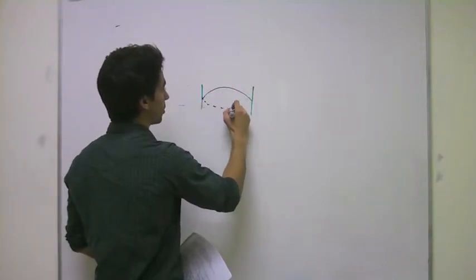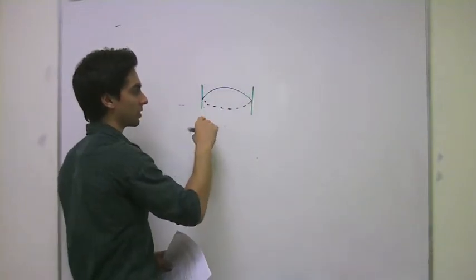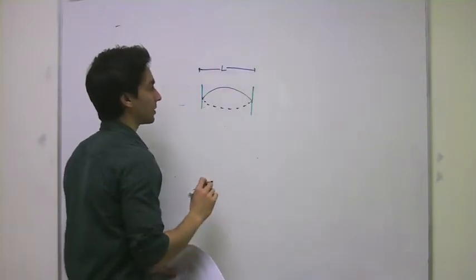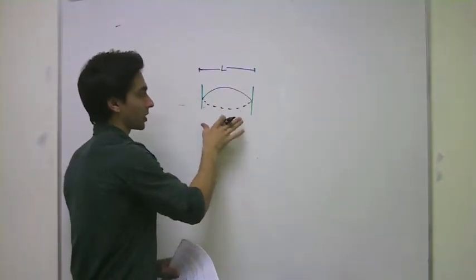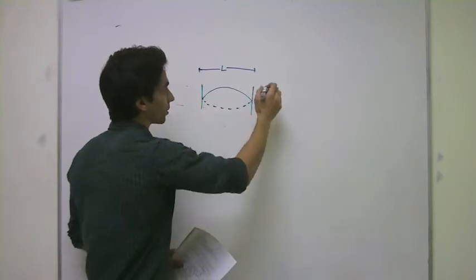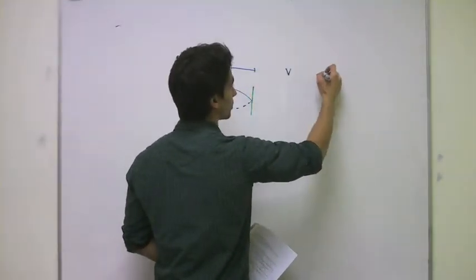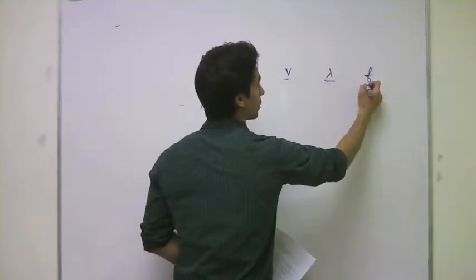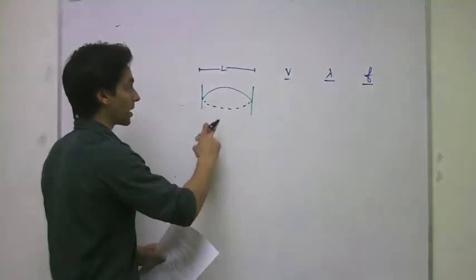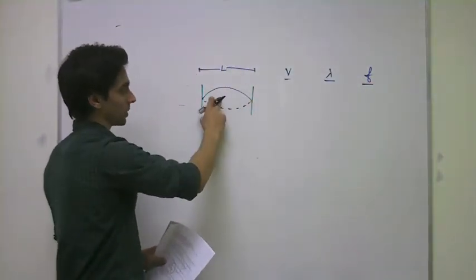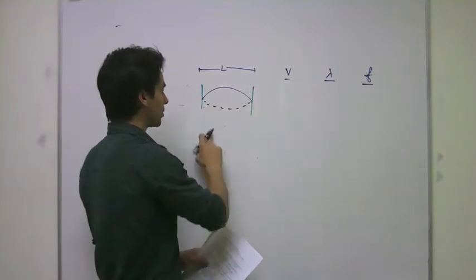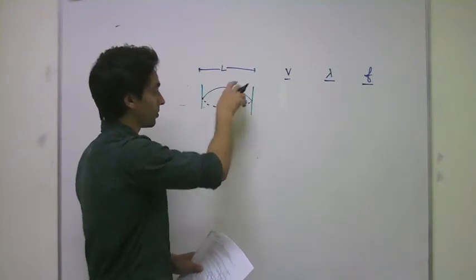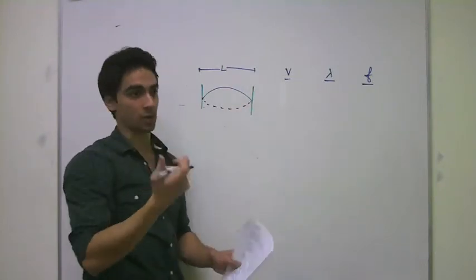this is one mode, or the fundamental mode of a standing wave. Let's say that the length of this string is L, or the length of the setup over here is L. Now, velocity. Okay, so we have the velocity, wavelength and frequency. Now, the velocity of this wave will depend only on the medium, the length of the string, and also the medium that the string is actually vibrating in.